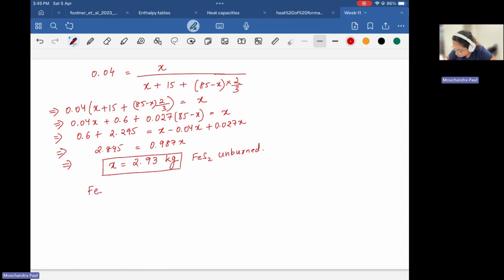So what is the amount of Fe2O3 that is produced? 385 minus 2.93 into 2 by 3 is 54.7 kgs.